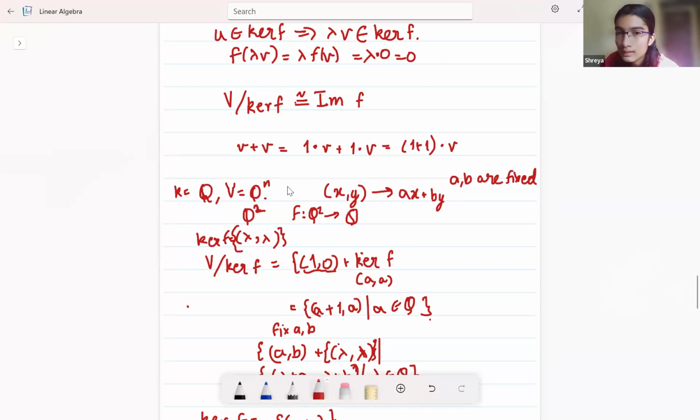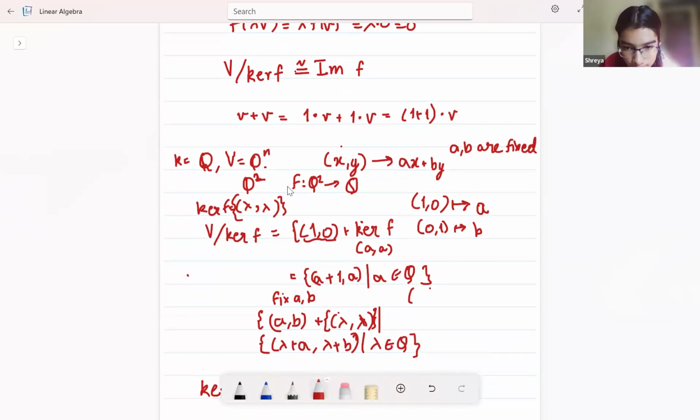You just take the vector 1, 0 and see where this goes. Let this be A. And then see where 0, 1 goes. Let this be B. Now if you have x, y, then this is equal to x times 1, 0 plus y times 0, 1.